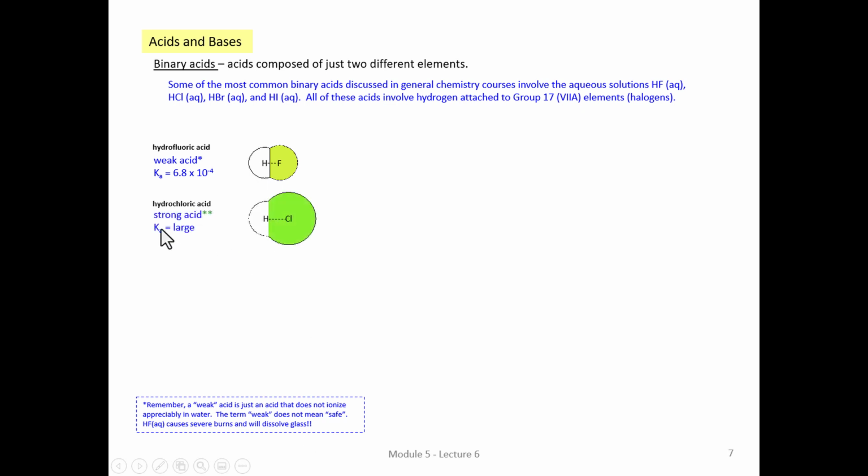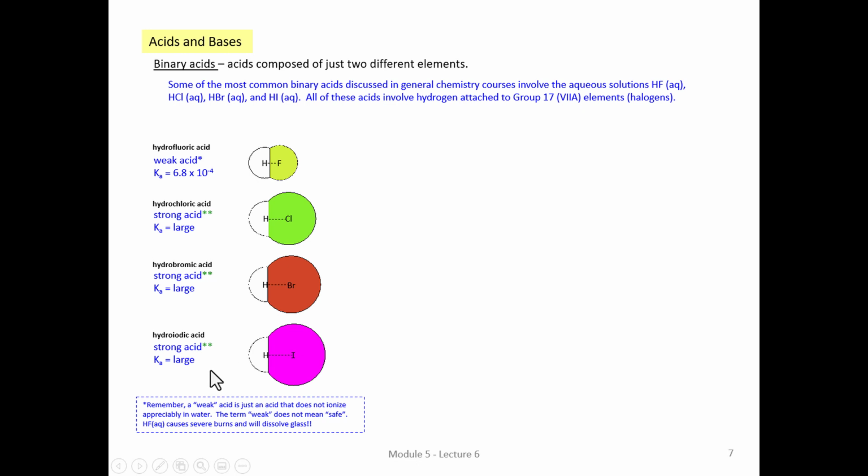The more familiar hydrochloric acid is considered a strong acid. The even stronger hydrobromic acid is also considered a strong acid. And then there's hydroiodic acid, which is also considered a strong acid.